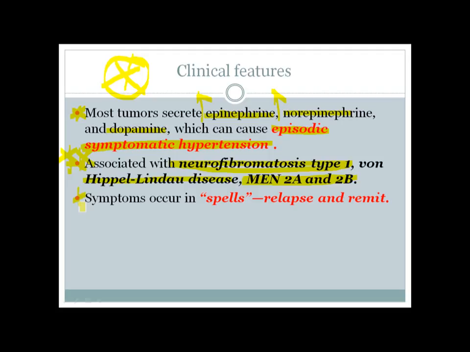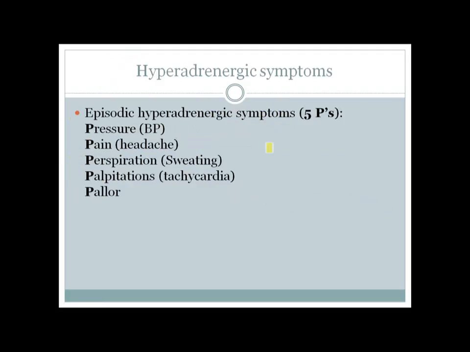The symptoms of pheochromocytoma occur in spells or episodes, and the patients sometimes are totally well and sometimes they get totally unwell. So the patient has a relapsing, remitting course of the disease. During episodes, they get episodic hyperadrenergic symptoms, which can be memorized by remembering 5 P's.